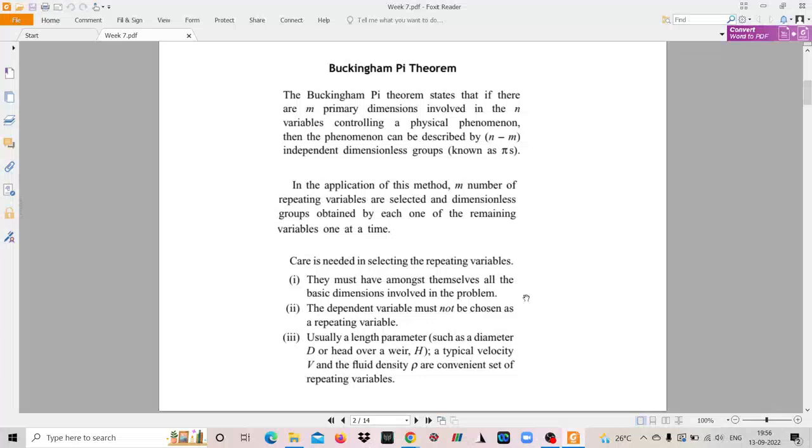It's not that a single repeating variable should contain all the three. Even the combination, that is all the m number of repeating variables together, should contain all the fundamental dimensions. And thirdly, if in the problem there is a velocity variable, a length variable, and a density variable, then density, velocity, and length is a very good combination of repeating variables.